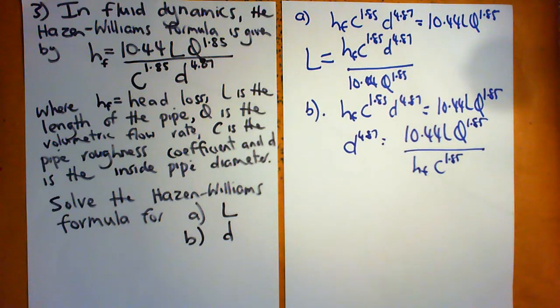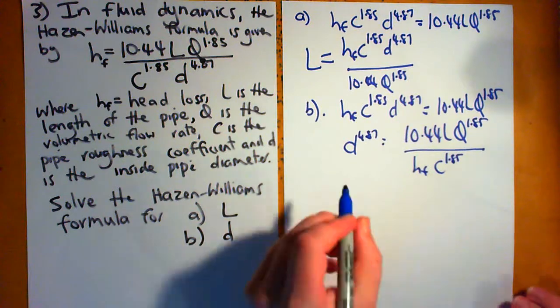If it was a power of 2, so squared, what would we do? We'd take the square root of both sides. And remember, the square root is the power of 1/2. So we undo a power of 2 by raising both sides to the power of 1/2. But 2 is not special in that regard, so we can do the same thing for 4.87 as well.